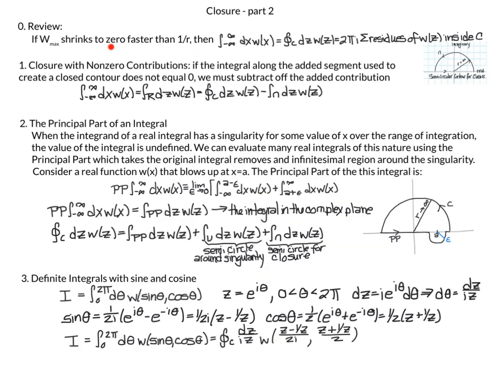So now that we've looked at this problem, where we have closures with non-zero contributions, the next problem we're going to look at is solved with something called the principal part of an integral. The problem that it addresses is when along our path of integration we have a singularity a.